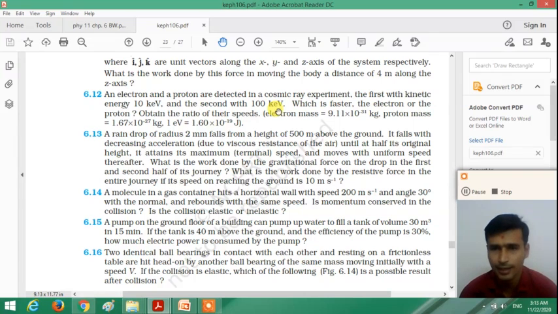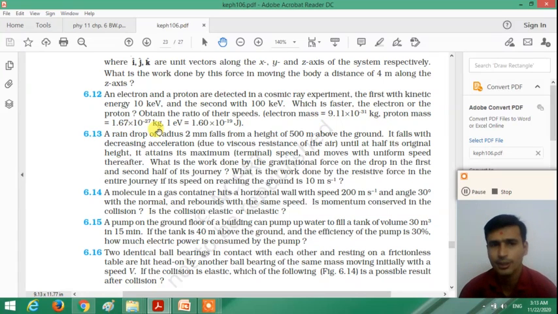So kinetic energy of the electron is 10 kilo electron volt, and kinetic energy of the proton is 100 kilo electron volt. Which is faster, the electron or the proton? Obtain the ratio of their speed. The mass of the electron is 9.11 into 10 raised to minus 31, and the mass of the proton is 1.67 into 10 raised to minus 27 kg.